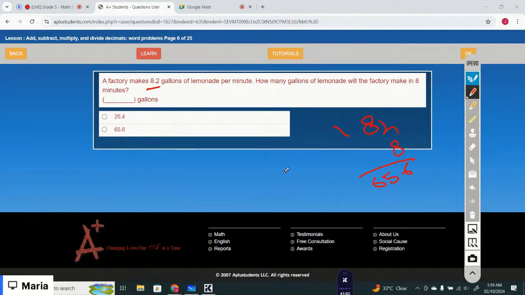Now you need to put the decimal point here. In this number, you have only one decimal place after the decimal. That means you can put it here because you have only one decimal place. The answer must have the same decimal places as the number that has the decimal. So that is 65.6.